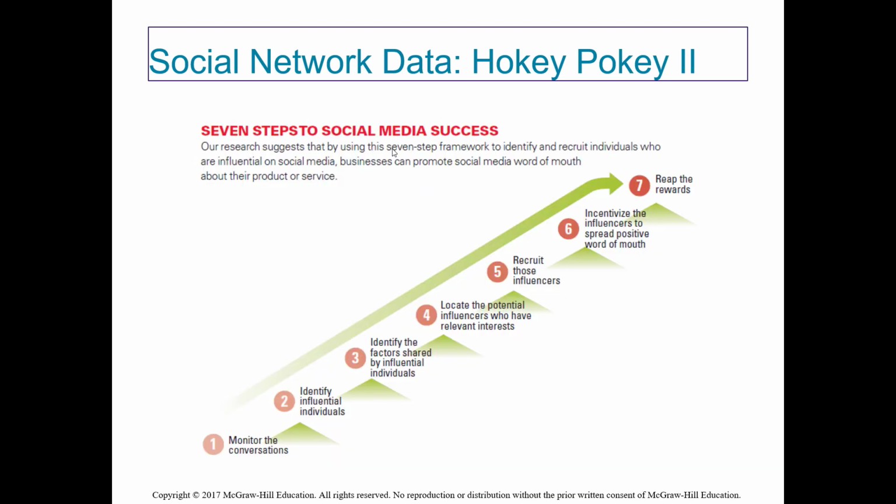What happened here is this was a social media marketing campaign. The company monitored social media conversations. They identified influential people, looked at some of the characteristics of these influential people, and used this to identify influencers.